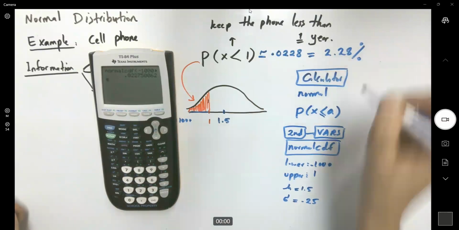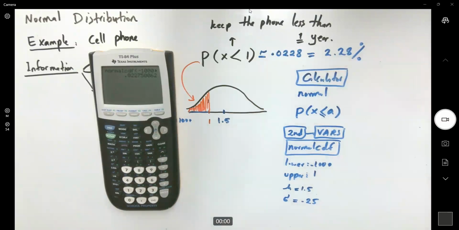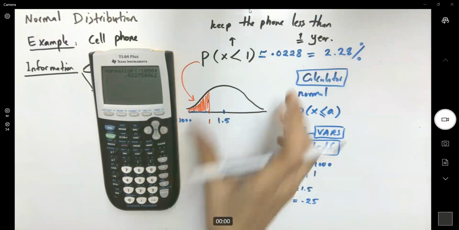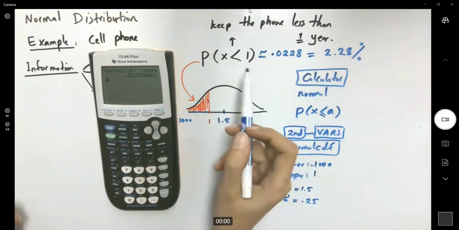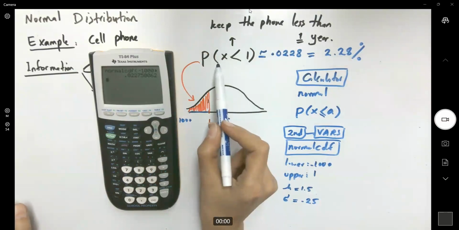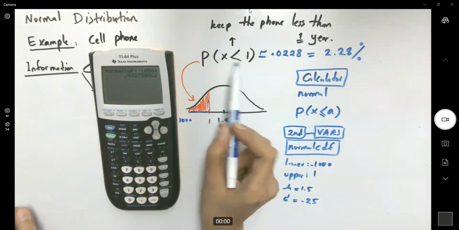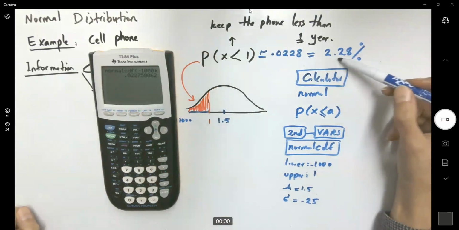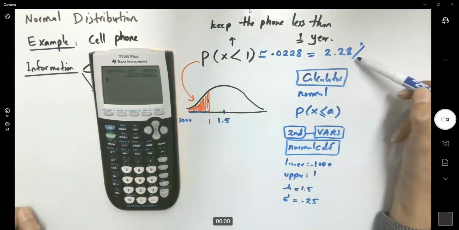2.28%. So the probability that if you randomly select a person, that person keeps the cell phone for less than 1 year is 2.28%.